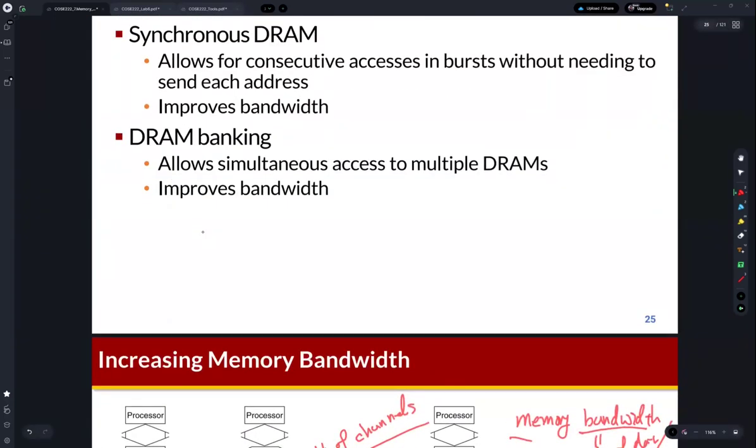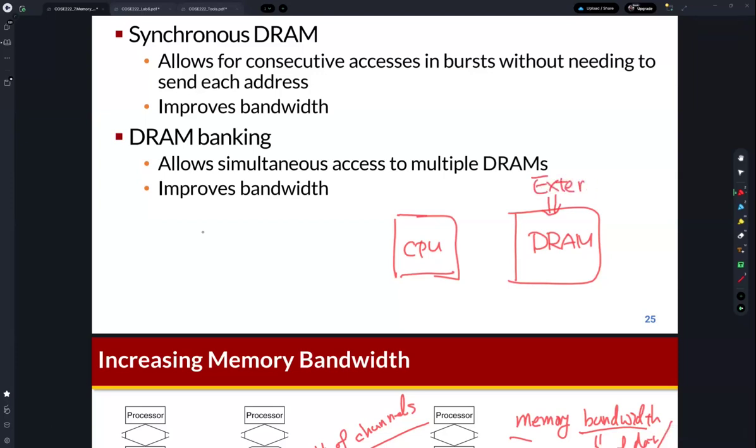So this is the CPU, and this is the RAM. I said that the DRAM is the external memory, because DRAM cannot be fabricated in the CPU package.